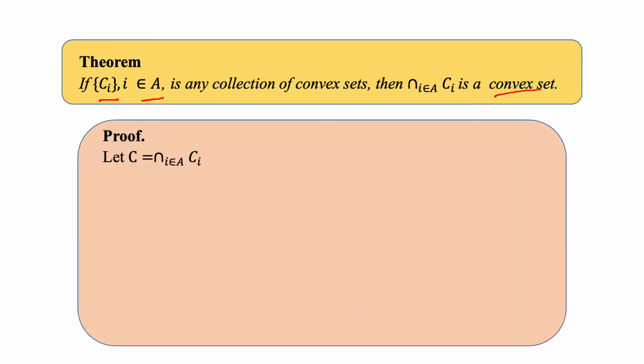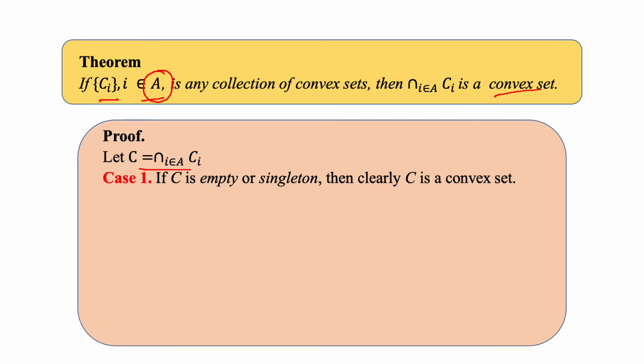Let us consider set C to be the intersection of all the Ci, where i belongs to set A. Let us consider the first case where C is empty or a singleton set. We have seen by convention that the empty set as well as a singleton set is a convex set. So we only have to worry about those cases where C is non-empty or non-singleton.